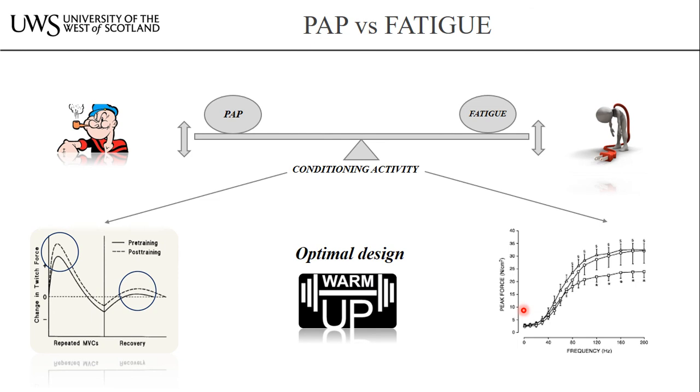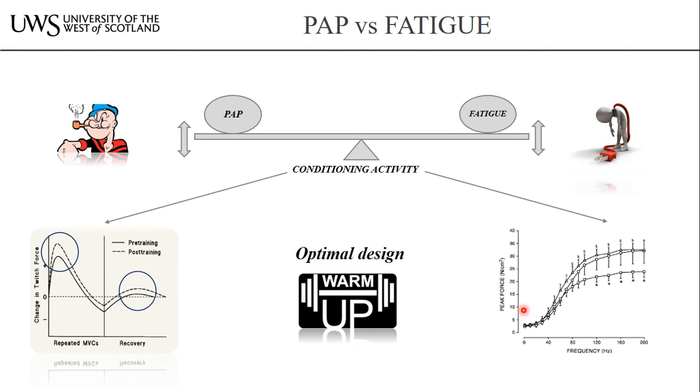So as a general definition, PAP represents a phenomenon through which our skeletal muscles are able to produce their maximum force capability as a consequence of an ideal, optimal, comprehensive warm-up. So actually PAP is what we usually try to achieve when designing and planning, as the initial stage of a training session, a comprehensive warm-up.